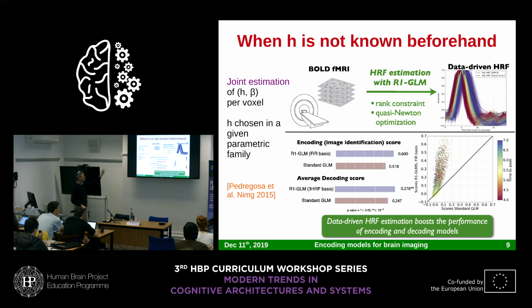I won't go much into details here. There's also the possibility, so in the previous slide, I assumed that the hemodynamic response H was known. This may not be the case. If it's not the case and you have a lot of fMRI data, you can also try and estimate it from the data. So you can estimate jointly the H and the beta.